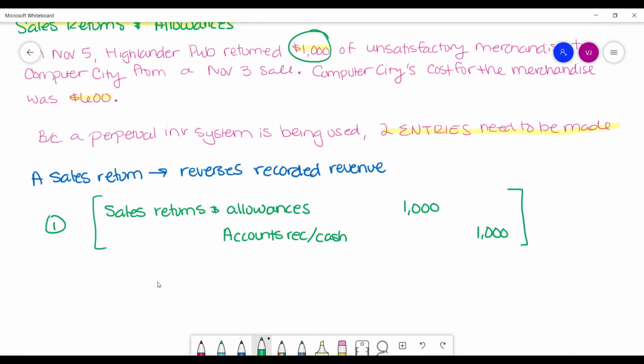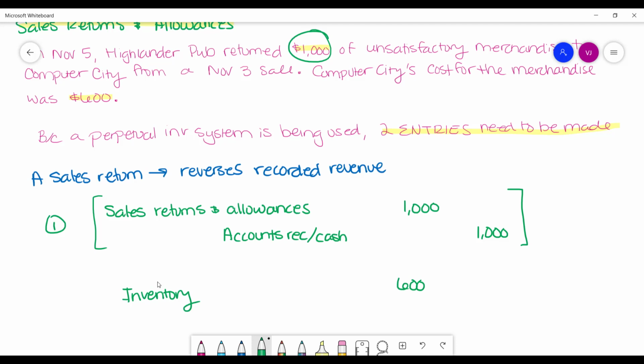But remember, they're giving us inventory back. So since the revenue is reversed, we also have to record inventory being returned. And remember, when we record the cost of a sale, you increase cost of goods sold and you decrease inventory. So we want to reverse that. Since they're giving us part of our inventory back, we're going to debit inventory for $600, because remember, what did the inventory cost us? $600.